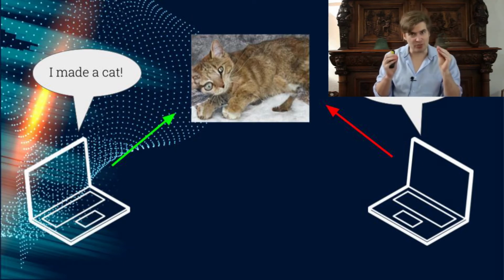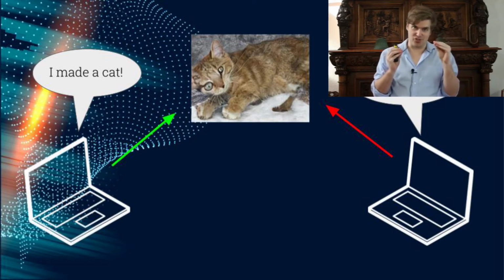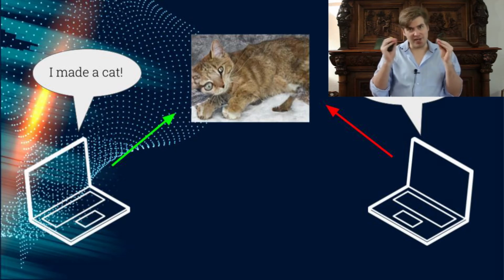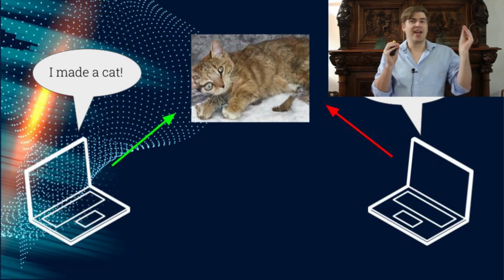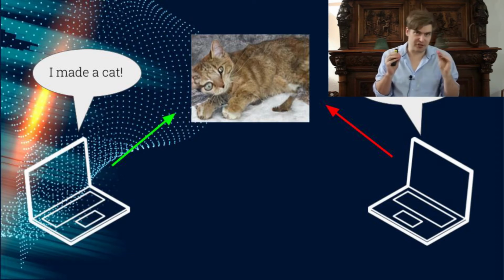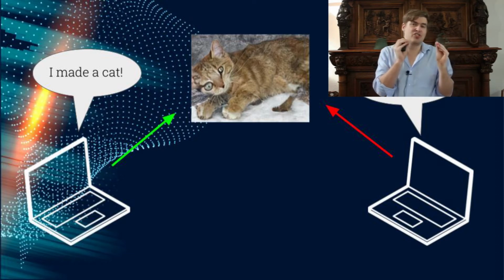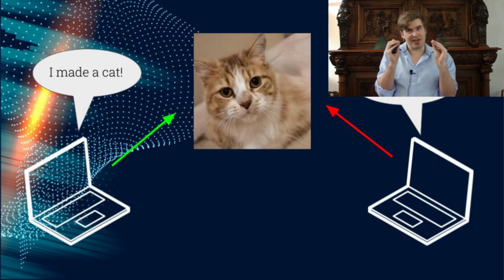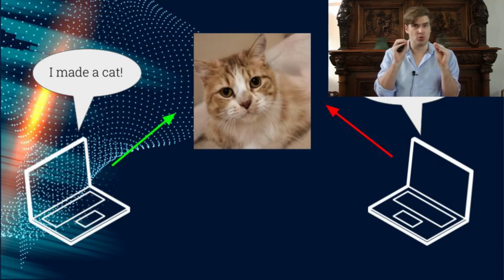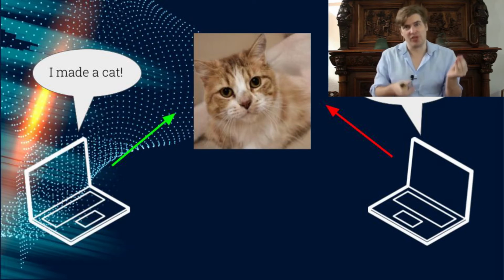You have the generator and the discriminator. So what the generator does is it keeps creating images, and then the discriminator keeps saying, I don't think that looks real. That doesn't look good enough. And so the generator keeps learning and the discriminator keeps discriminating until the generator creates an image that is so good, the discriminator gets fooled and the discriminator thinks it's a real image.